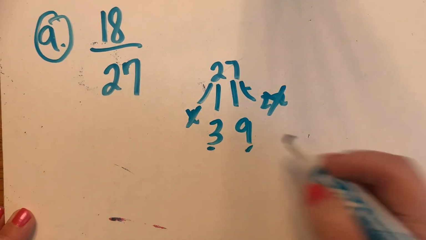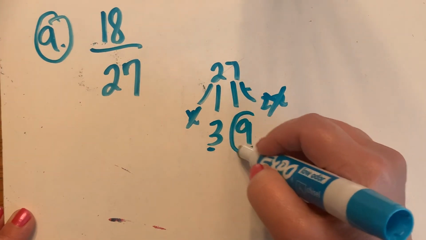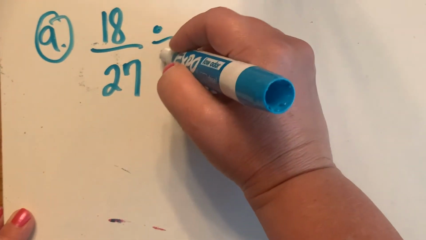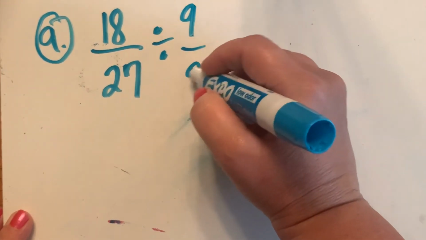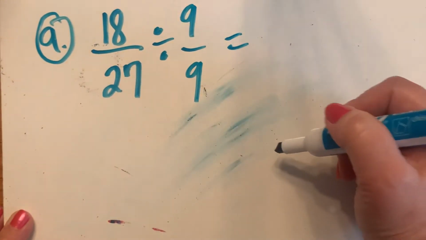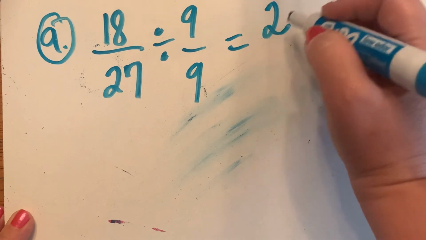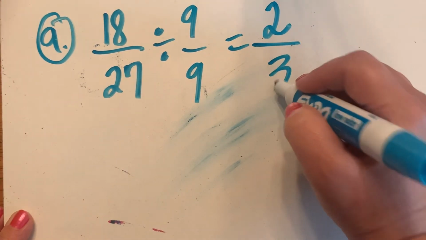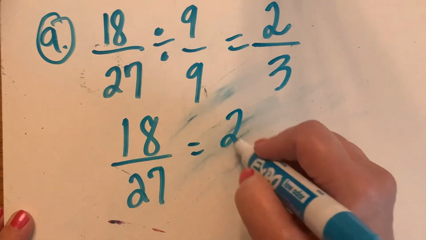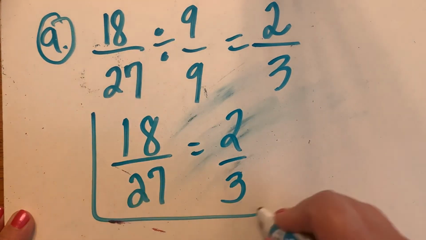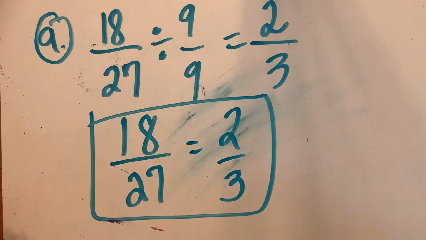So here are our 2 factors. But 9 is the greatest common factor. So we're going to divide 18/27 by 9. 18 divided by 9 is 2. 27 divided by 9 is 3. So 18/27 equals 2/3. Okay, it's getting easier, isn't it?